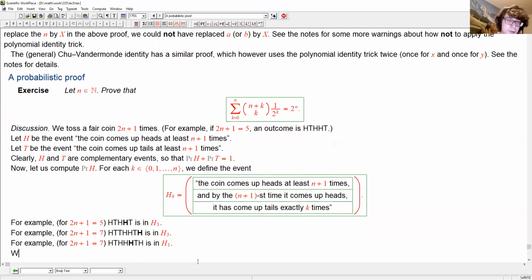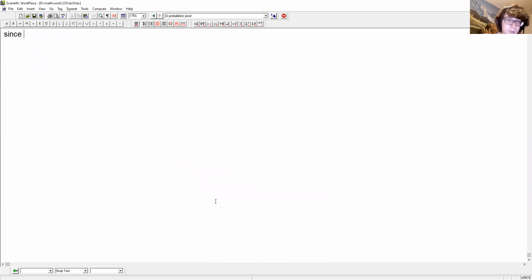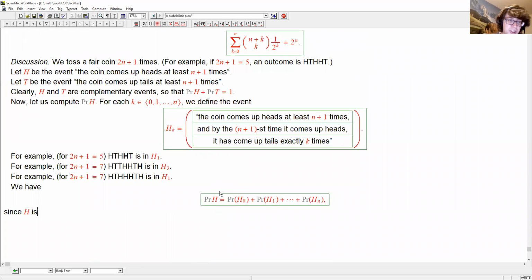All right, so we have the probability of h is the probability of h0 plus the probability of h1 and so on plus the probability of hn, because h is a disjoint union, now I'm talking of events as sets, of h0 up to hn.